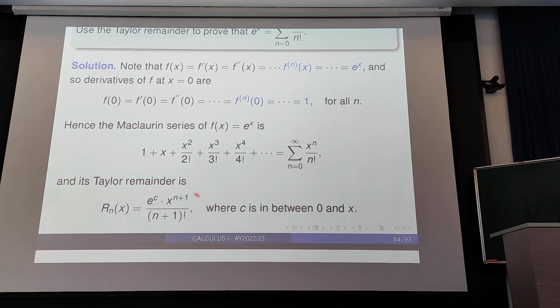So here's the remainder term. Just use the formula you have in the previous theorem. The nth order remainder term has this form, where c is a value between 0 and x. Now we fix x, okay? And we want to observe the limit of this number when n tends to infinity.